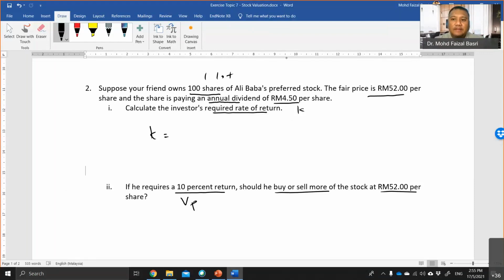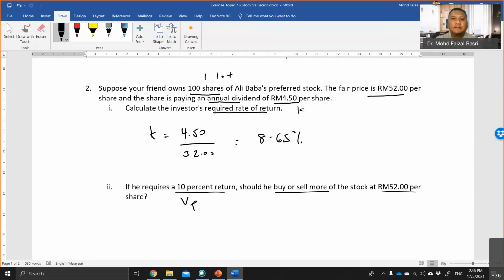So to find K, the dividend in this case is 450. We don't have to multiply by anything because this is an annual amount already. And the current price is 52 ringgit. So 450 divided by 52 ringgit is about 8.65%.